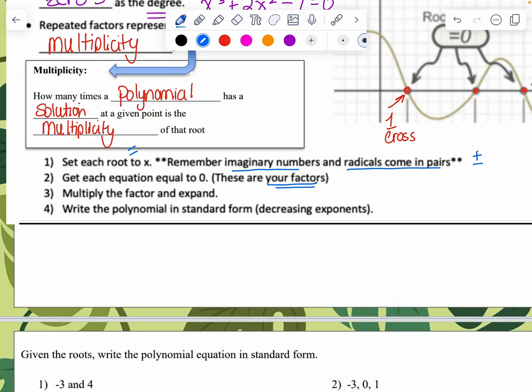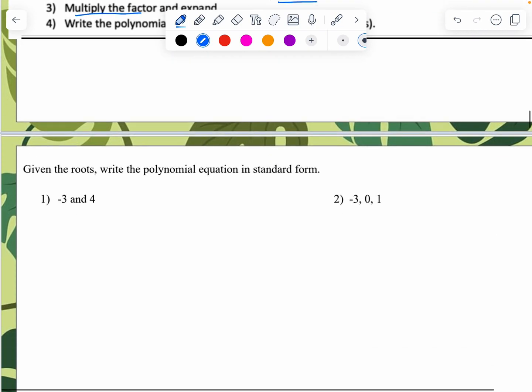We're used to looking at the polynomial and factoring it. Now we need to create those factors. Our factors are always equal to 0, so we have to create that. Next we're going to multiply those factors and expand. And then we're going to write the polynomial always in standard form, which just means your exponents are decreasing. They're going down.